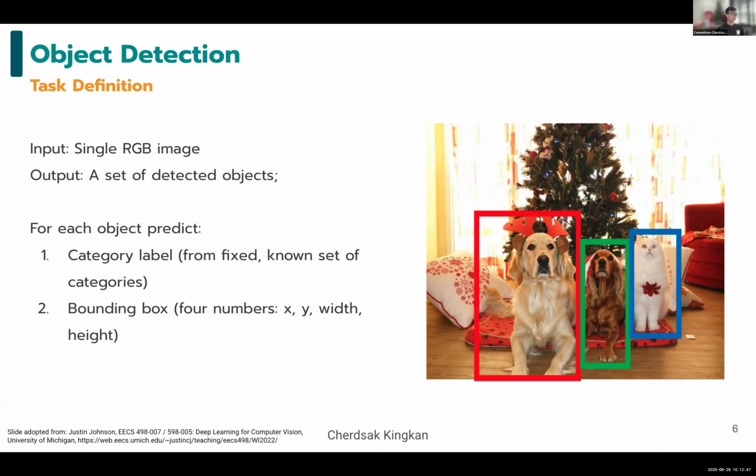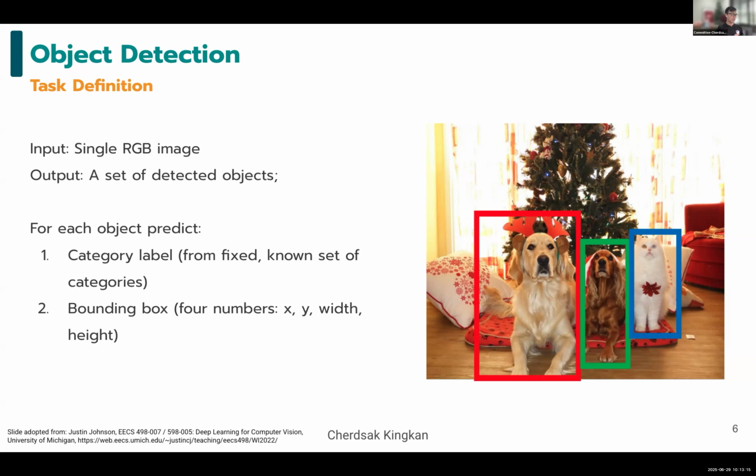And also for each object, we don't want the model to tell us only what objects are in the image. We want to know what is in the image and where it is. That is, we want the bounding box of the location of the detected object.